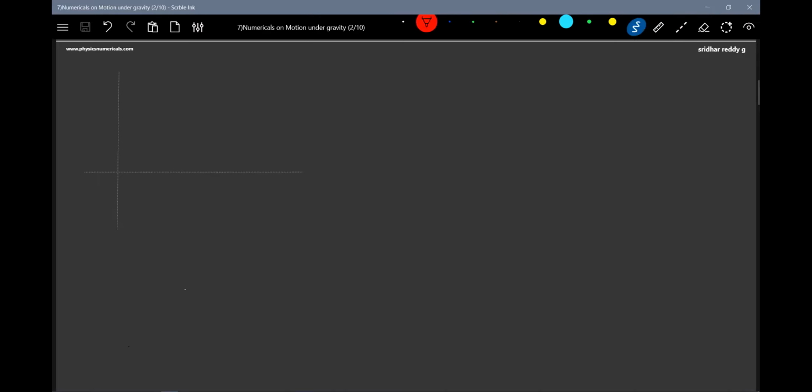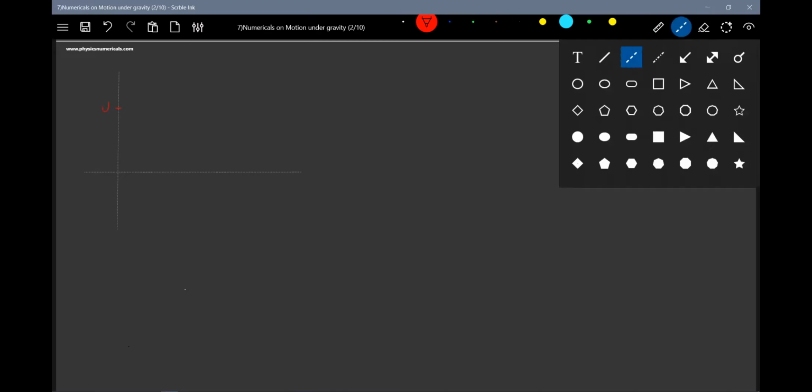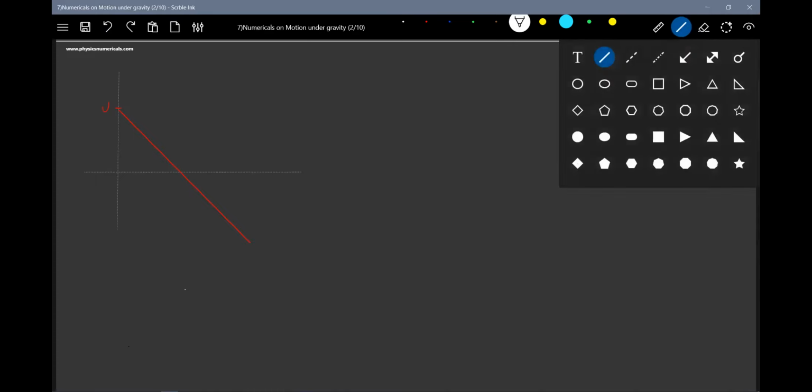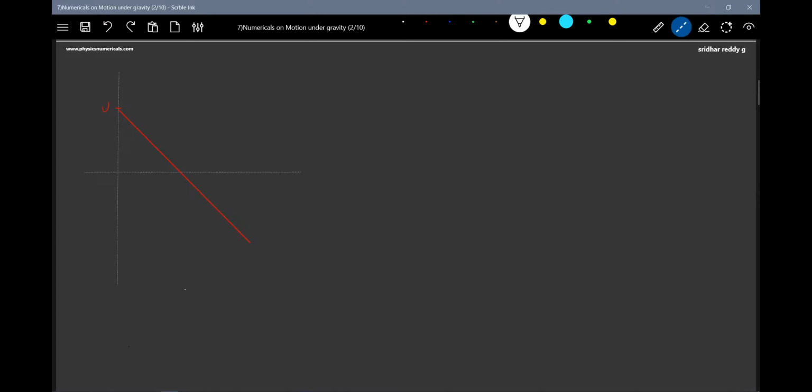Initial velocity u. Let me extend further. And this will be initial velocity u.